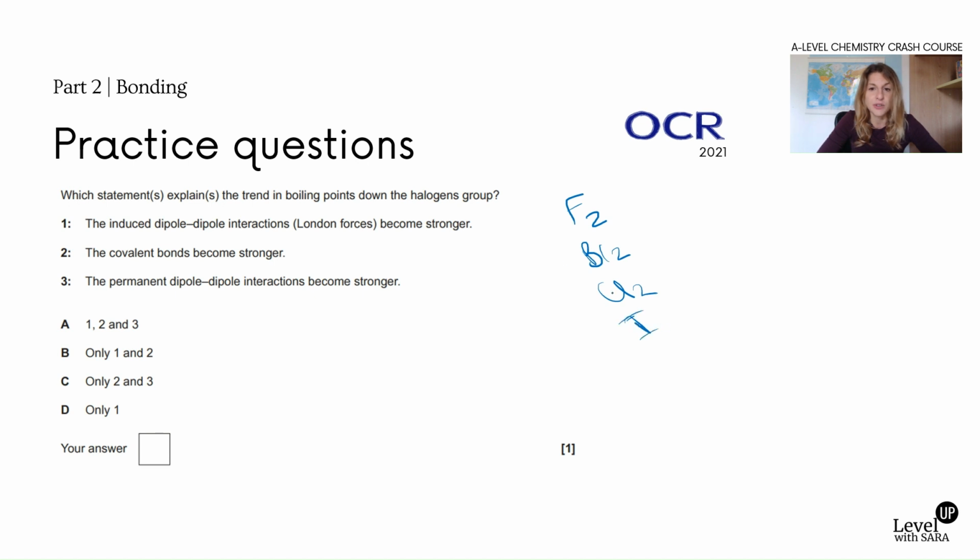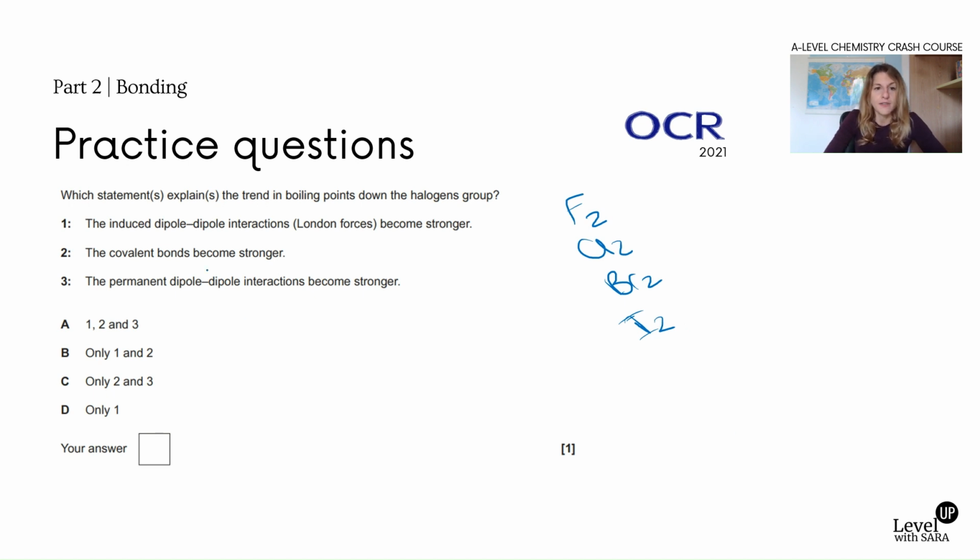They're not in order, of course, but let's think about the trend. Let me draw this in order just to be picky. So we have fluorine, chlorine, bromine, and iodine, in order as in the periodic table. The size of the molecule increases as you go down the group, which means London forces become stronger.